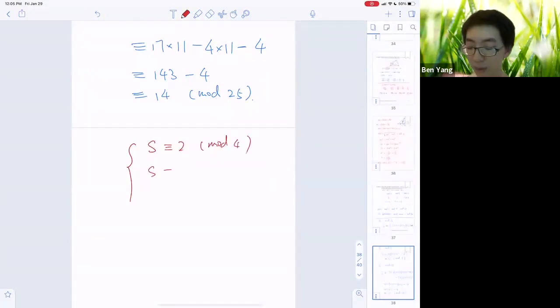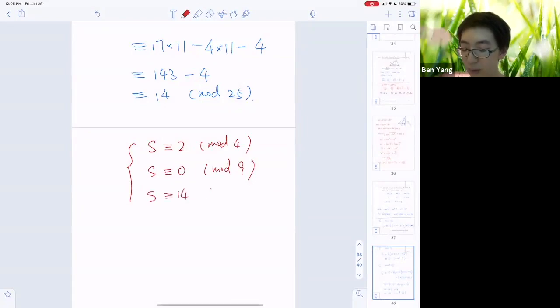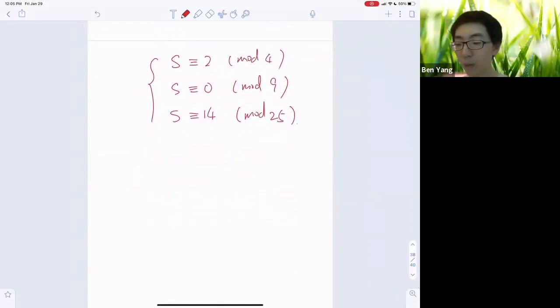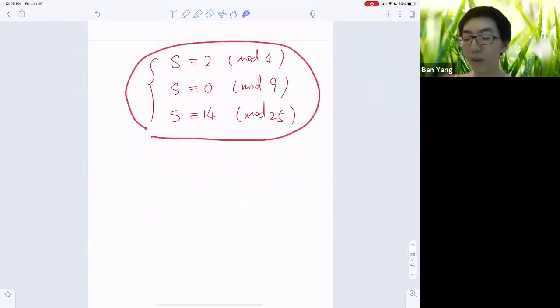S is equivalent to 0 mod 9. And S is equivalent to 14 mod 25. With this information, we should be able to find the remainder of S on division by 900, again from the Chinese remainder theorem.